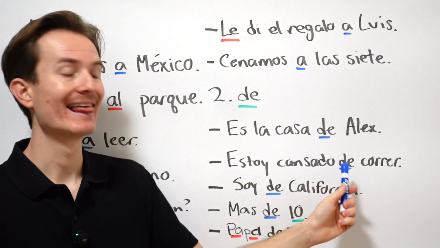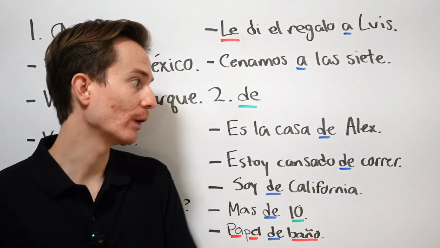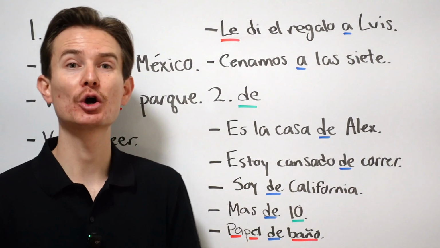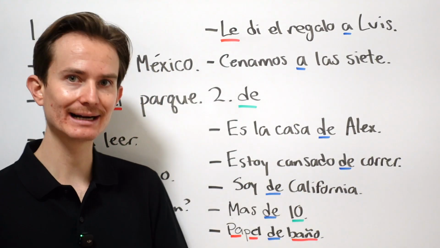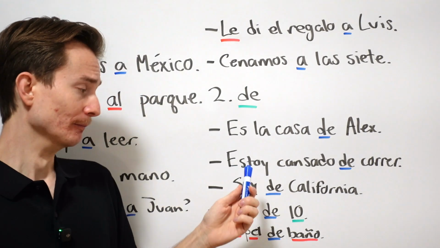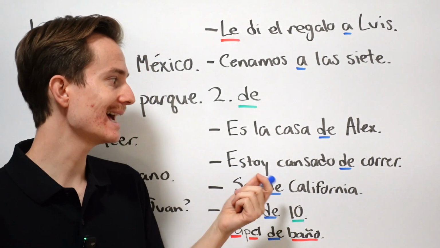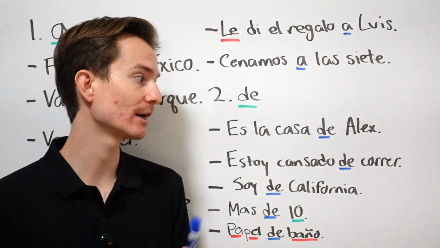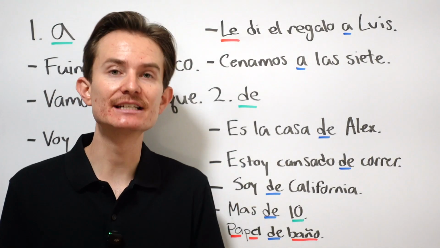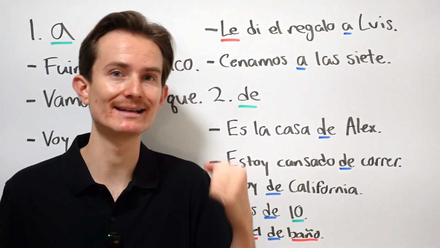Estoy cansado de correr. I am tired of running. Notice how I'm not saying corriendo. In English it translates as I am tired of running. However, you wouldn't say estoy cansado de corriendo, and I see students make that mistake all the time. The idea is when you are using corriendo, it sounds like you are doing it right now, okay?